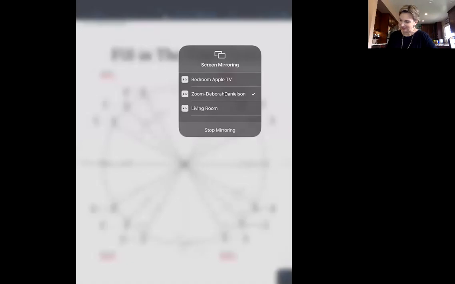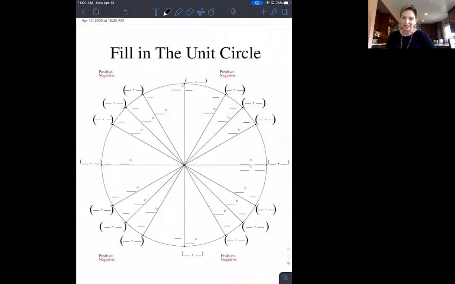We're going to derive the unit circle, a big moment in our pre-calculus careers. Here we have a blank unit circle. And we're going to start by talking about the fact that in a unit circle, your radius is 1. So let's start with that fact. Our radius is 1.